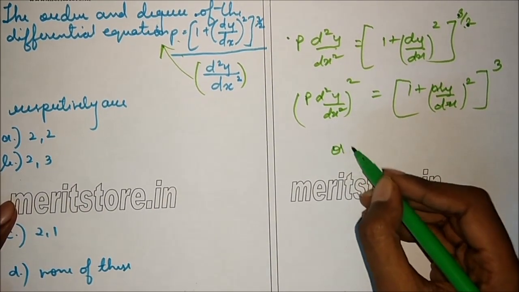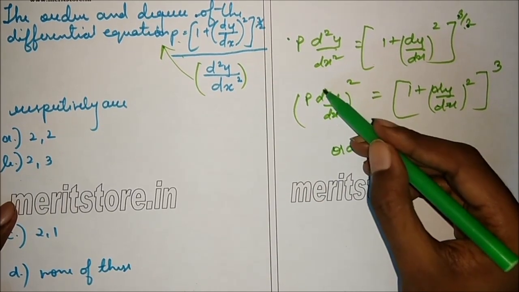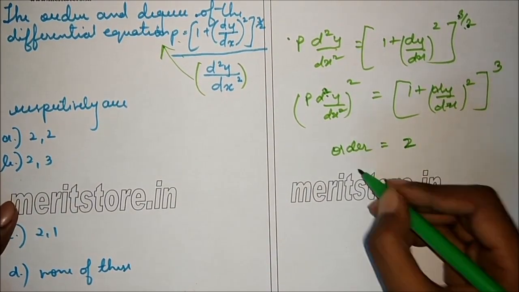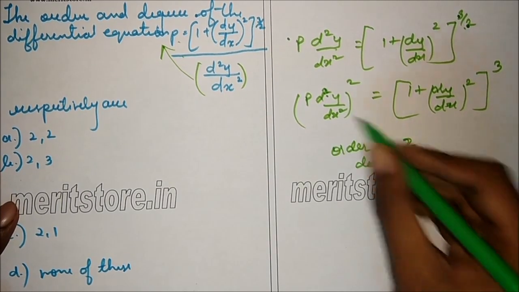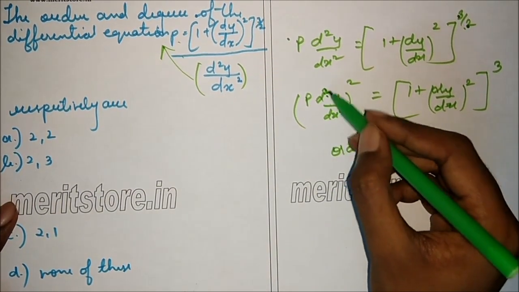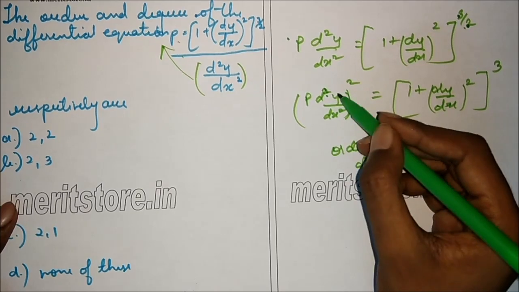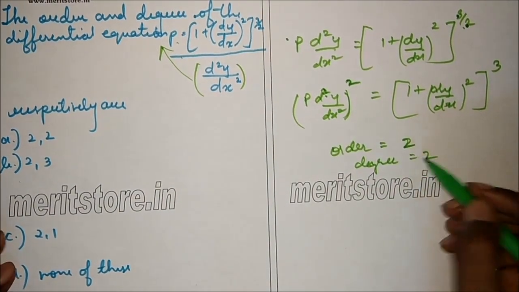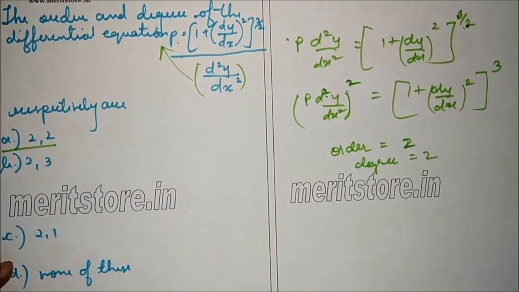So the order of the differential equation is, the highest order of derivative is 2, that is d2y/dx², so order is 2, and degree will be the power of the highest order derivative, that is the power of d2y/dx², which is 2. So degree is 2, and the answer is A, 2, 2.